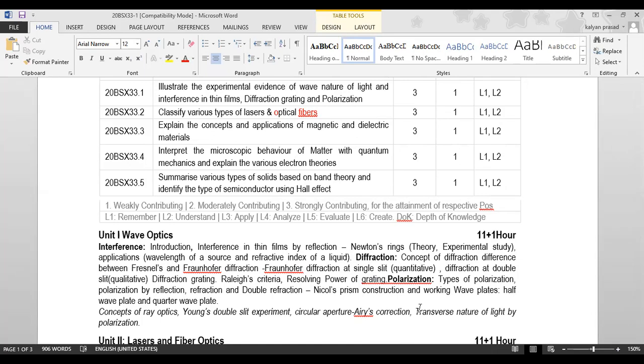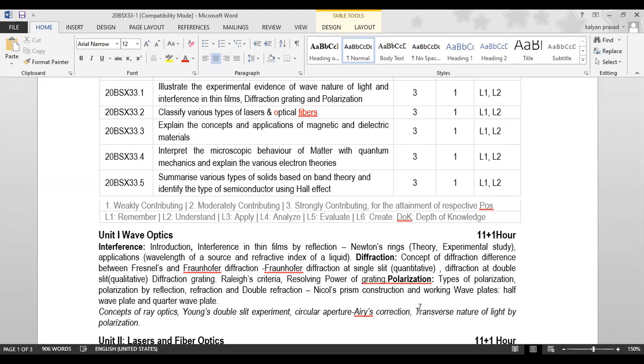Initially we have the introduction, then interference in thin films by reflection, Newton's rings, both theory and experimental study. Another important thing is that you have the Newton's rings experiment in our laboratory also. So both theory and the laboratory experiment are incorporated in your syllabus for better understanding.